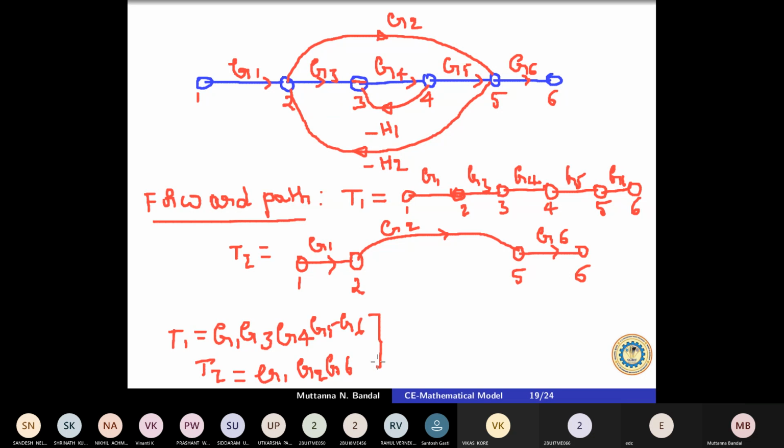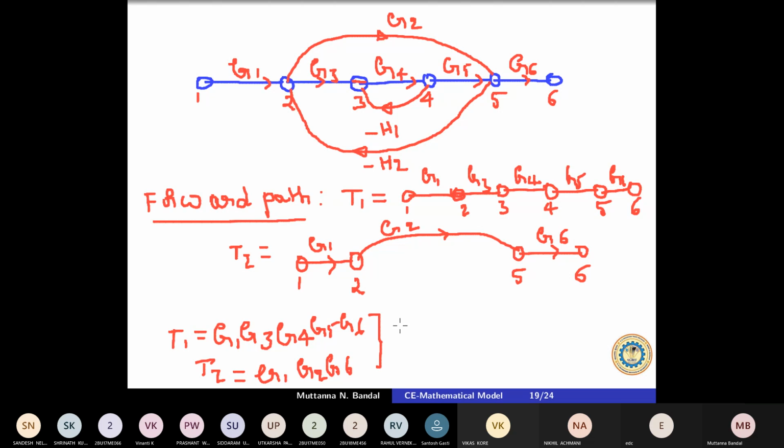Now you have to identify what are the loops that are there. Start from 2, just check whether there is a loop. From 2 to 3 there is a signal, 3 to 4, 4 to 5 and 5 to 2.